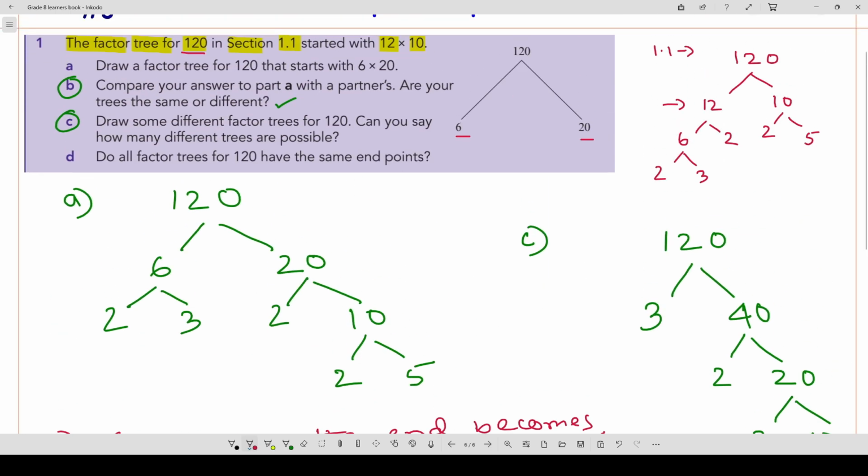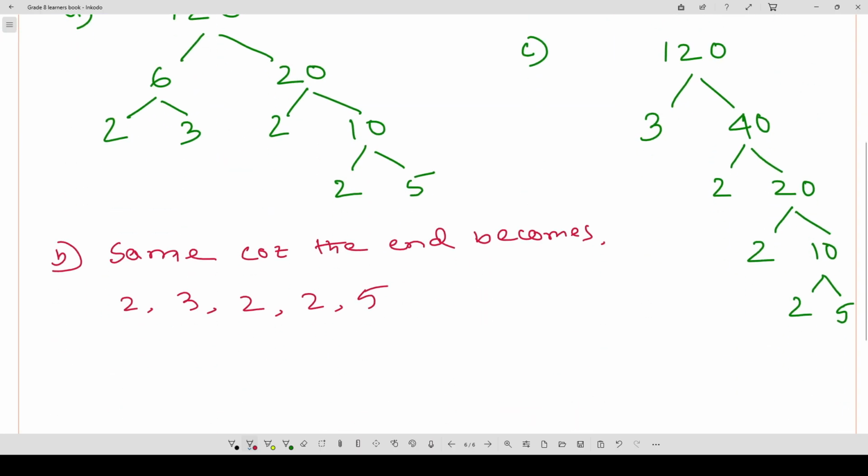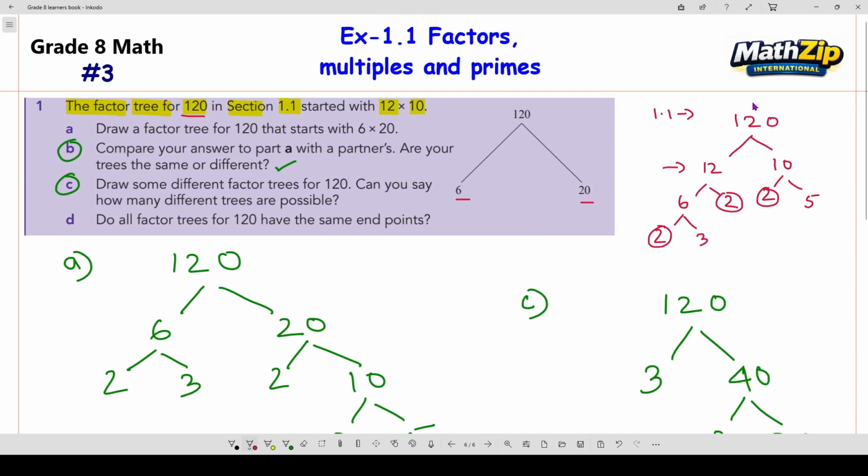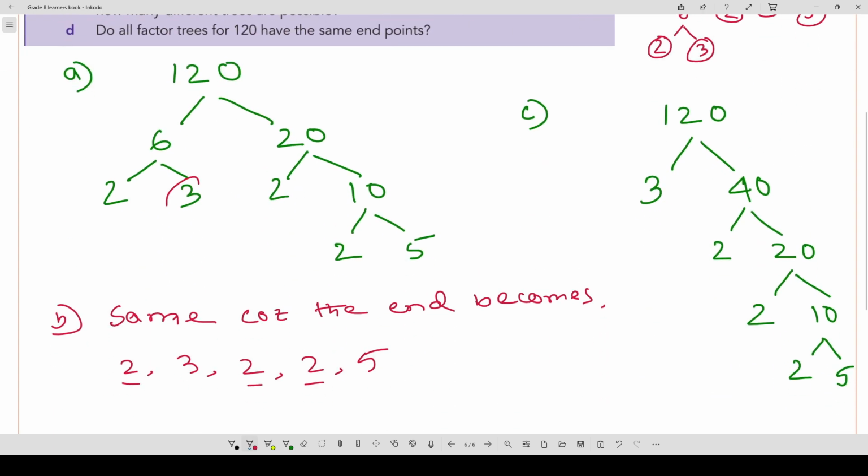Look, here is 2, 2, 2, three twos, 1, 2, 3, right? And next 3 and 5. Here is also 3 and 5.